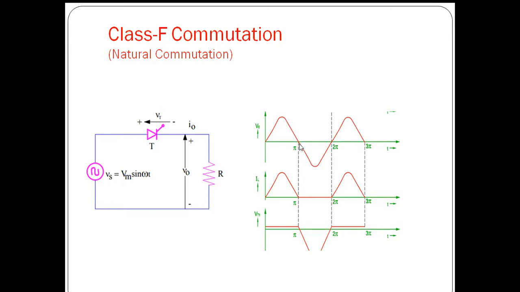So whenever this SCR is subjected to reverse bias, automatically the SCR will turn off. SCR will turn off and there won't be any current flowing through the load. So the current through the load will be 0. Whatever will be the supply voltage, that will appear across the thyristor. So this negative portion will appear across the thyristor.